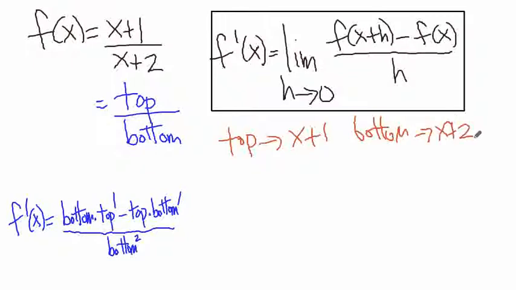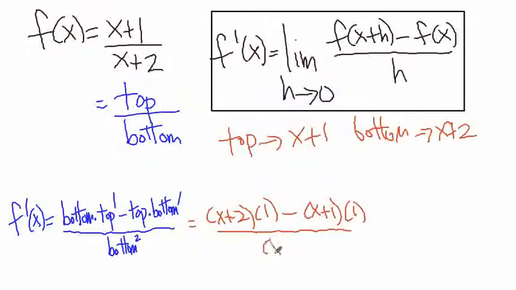Putting it all together, we get bottom, in other words x plus 2, times derivative of the top, derivative of x plus 1, well, that's 1, minus the top times the derivative of the bottom, well, that's 1, all over bottom squared. At this point, there you have a derivative.